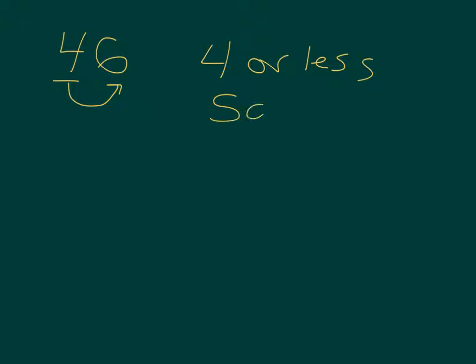Let's review our basic rounding rules again, just like we have with whole numbers. If you're rounding 46 to the nearest tens, because the 4 is in our tens place, the rule is that if the number to the right is 4 or less, you keep the same.